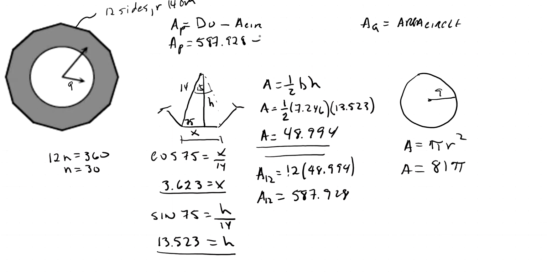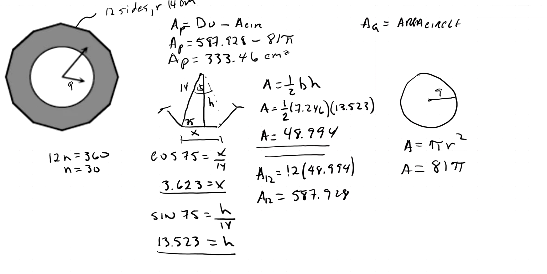So this is 587.928 minus 81 pi. We can let our calculator figure out what the area of the purple is. So minus 81 times pi, and I got 333.46 centimeters squared, and that's the area of the purple, the shaded region.